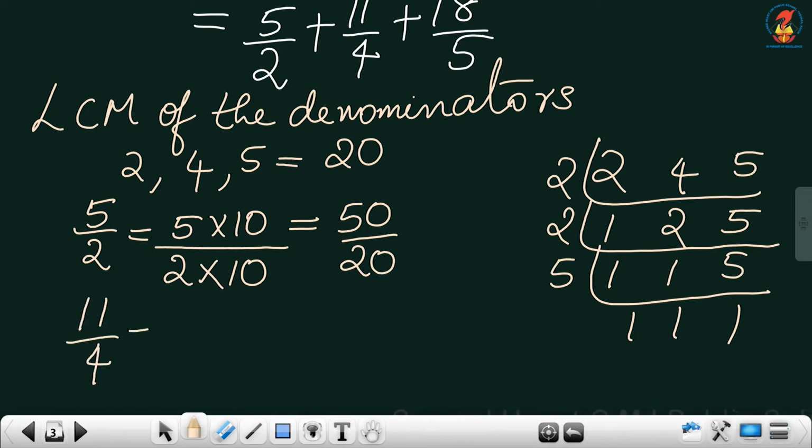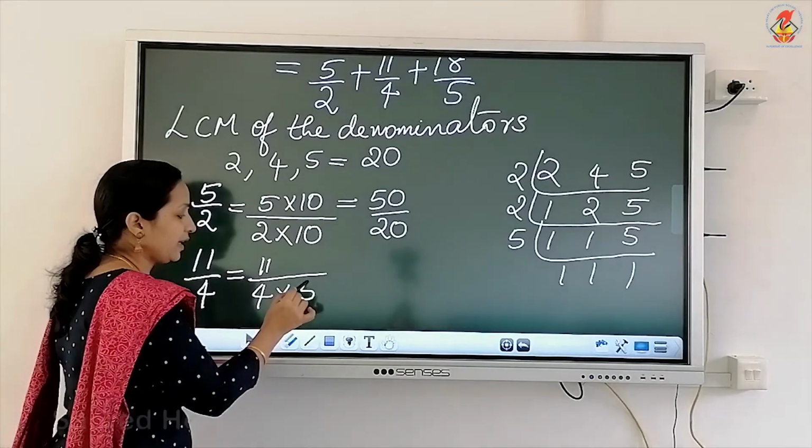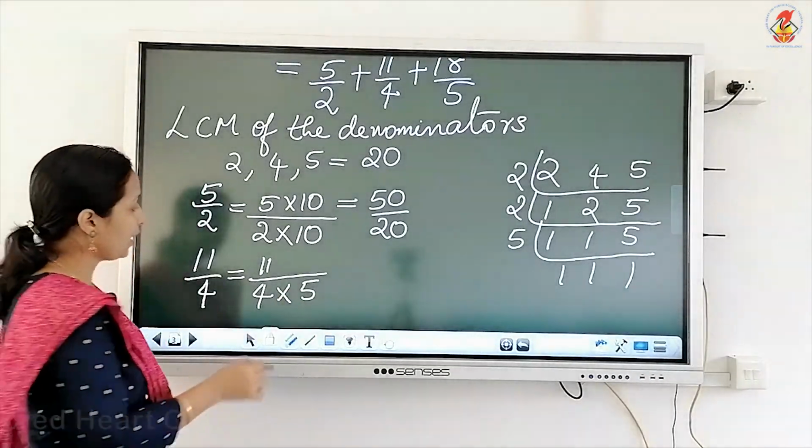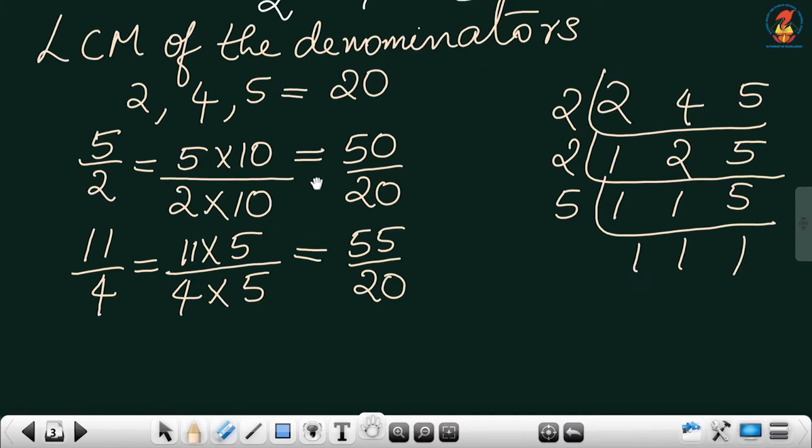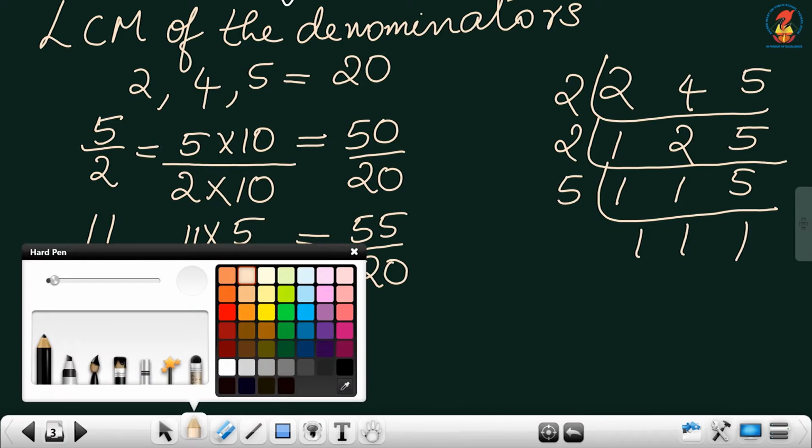So 4 into which number will give the answer 20? 4 into 5 will give the answer 20. So you have to multiply 5 to the numerator also. Okay. So 11 into 5, what is the answer? 55 by 20. Now you take the third part, 18 by 5.